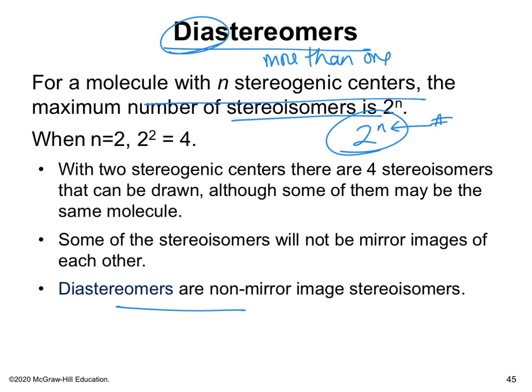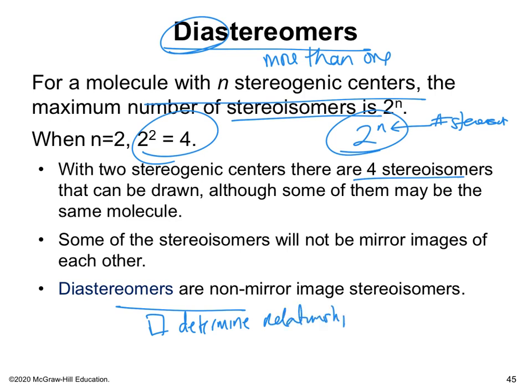N is the number of stereocenters you find in a molecule. So if you have 2, then 2 squared is 4, and that's the most stereoisomers you can have. And we're going to have to learn the relationship to each other, because that's how I can determine the relationships between compounds.